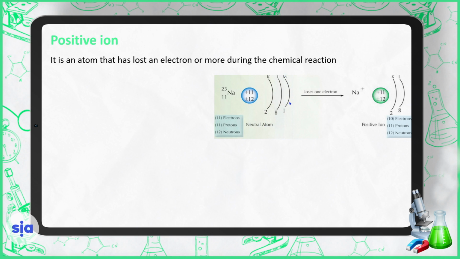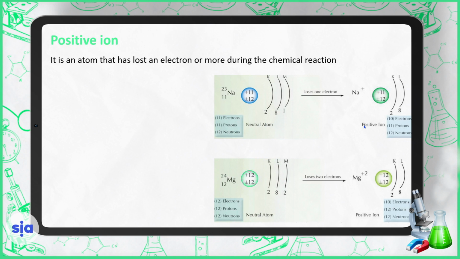During chemical reaction, sodium tends to lose this electron, changing to 2 electrons in the K energy level and only 8 electrons in the L energy level. So the total is 10 instead of 11. So it lost 1 electron. Now it's a positive ion.